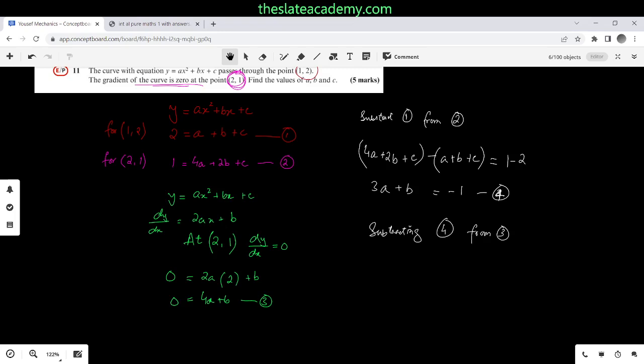If I subtract 4 from 3, it would mean 4a plus b minus 3a plus b is equal to 0 minus 1. 4a minus 3a is a, b minus b would cancel out, so a is equal to 1.